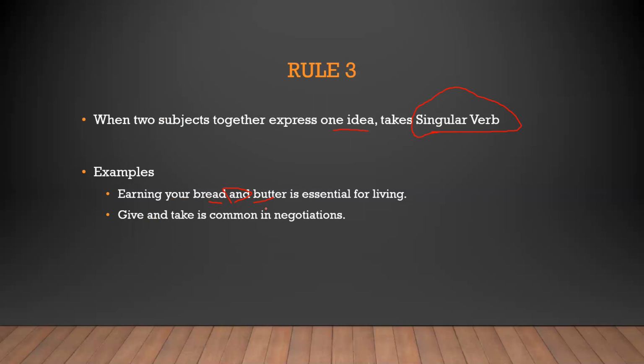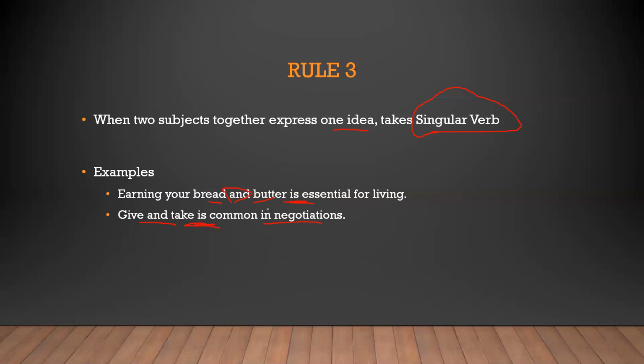We are taking bread and butter as one unit. So we are using a singular verb. Bread and butter is essential for living. Give and take is common in negotiation. So give and take we are taking as one unit and we are using the singular verb.